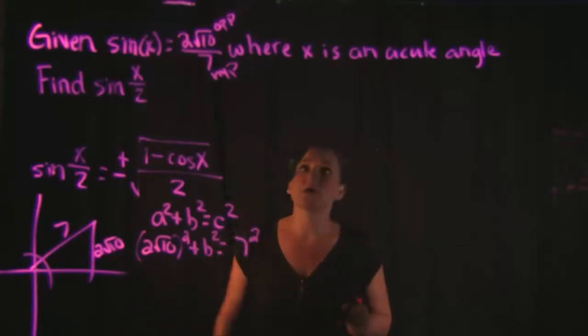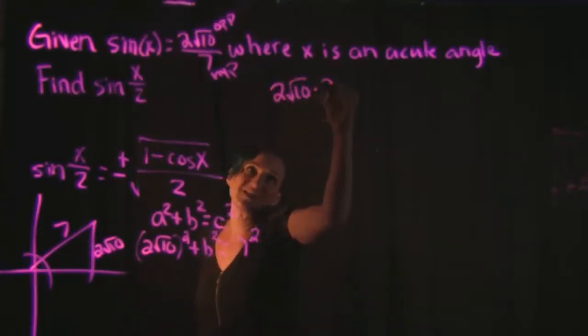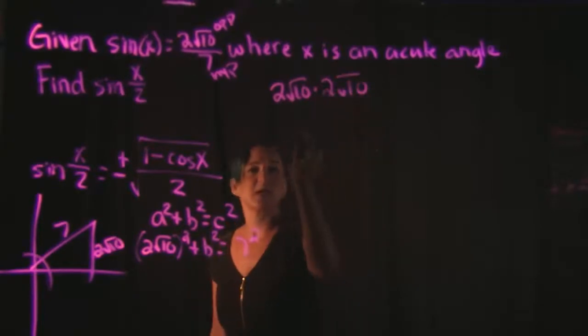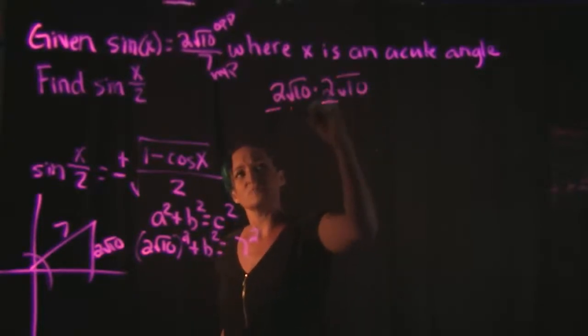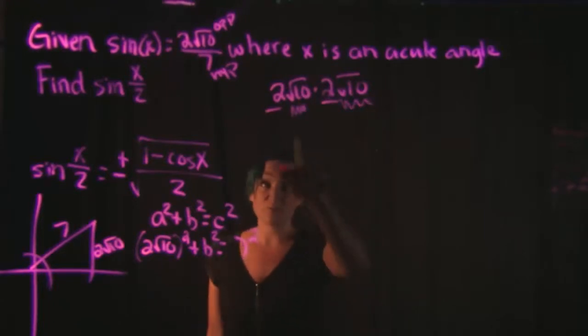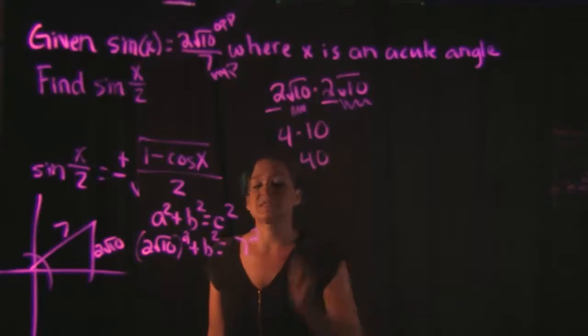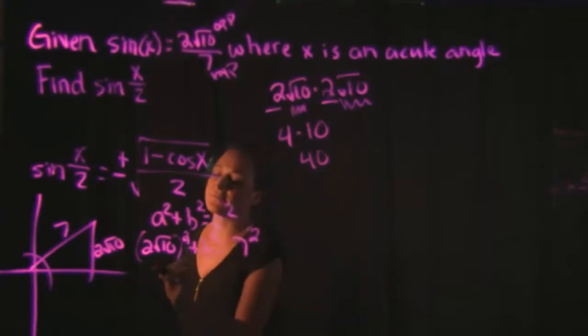So that means we need to square 2 square roots of 10. So we have 2 square roots of 10 times 2 square roots of 10. Again, remember, do number times number, radical times radical. So number times number, 2 times 2 gives us 4. Radical times radical, square root of 10 times square root of 10 is 10. And 4 times 10 is equal to 40.